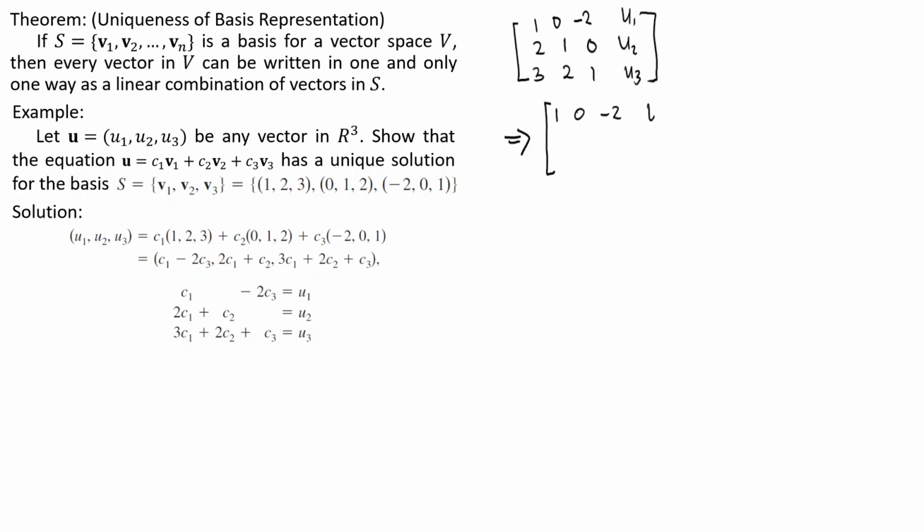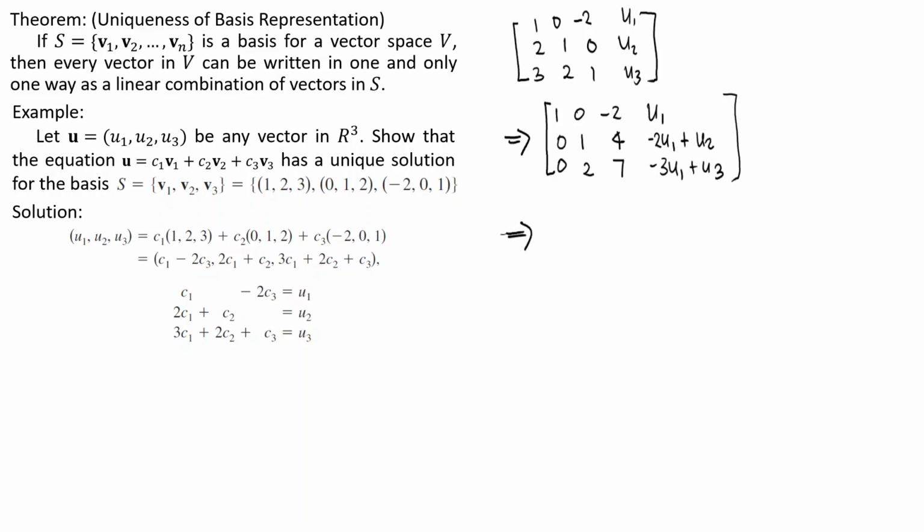We multiply row 1 by negative 2 and then add to row 2 to get new row 2. So this is 0, 1, 4, and then negative 2 u sub 1 plus u sub 2. Then we make the 0 by multiplying row 1 by negative 3 and adding to row 3. So that's 0, 2 times negative 3 is negative 6 plus 1, so negative 5... we have 0, 2, 7, negative 3 u sub 1 plus u sub 3.